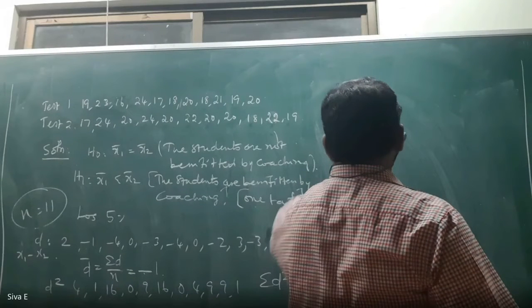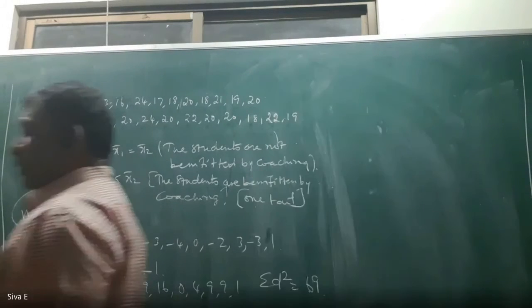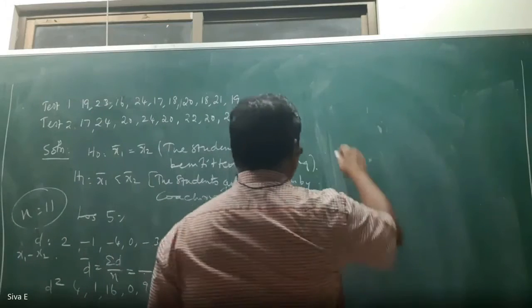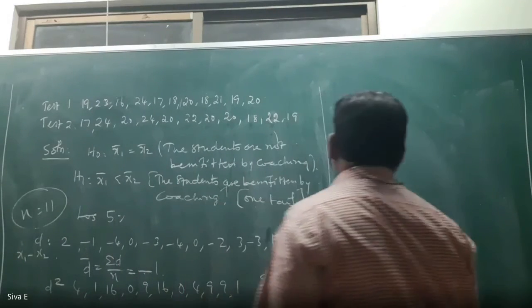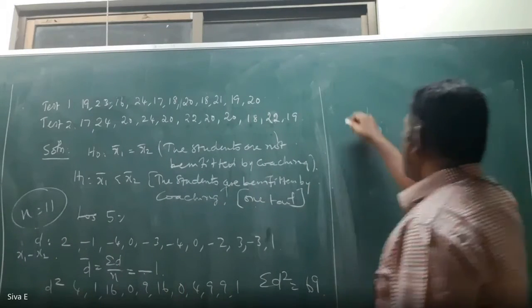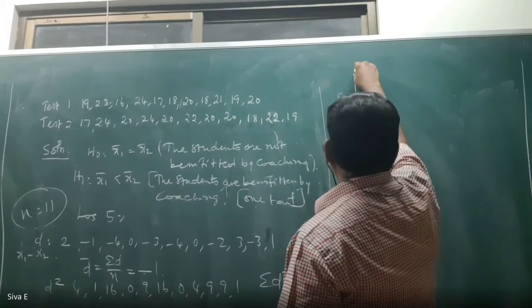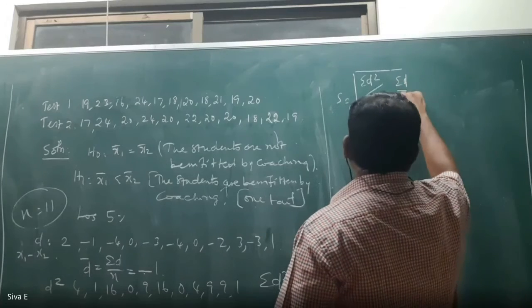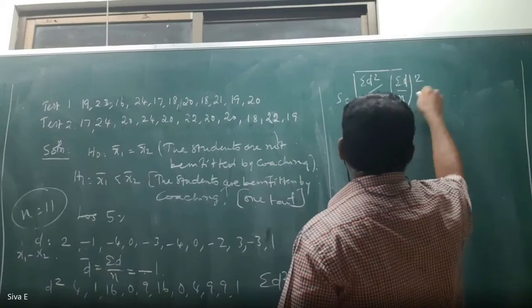Next step, you have to write that S equal to square root of summation of d square by n minus summation of d by n whole square.